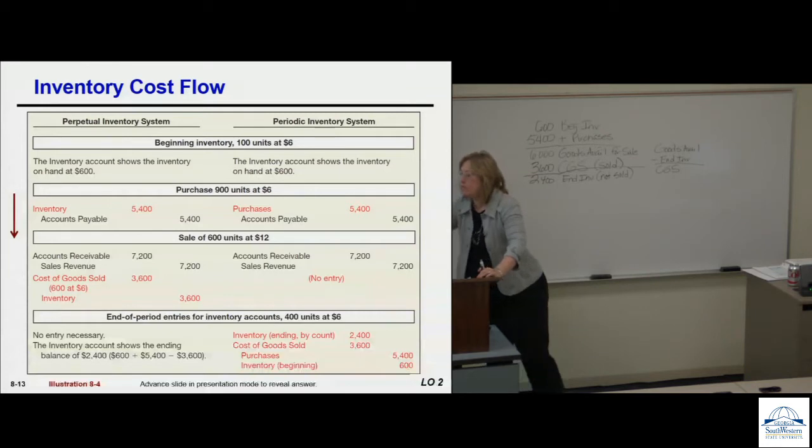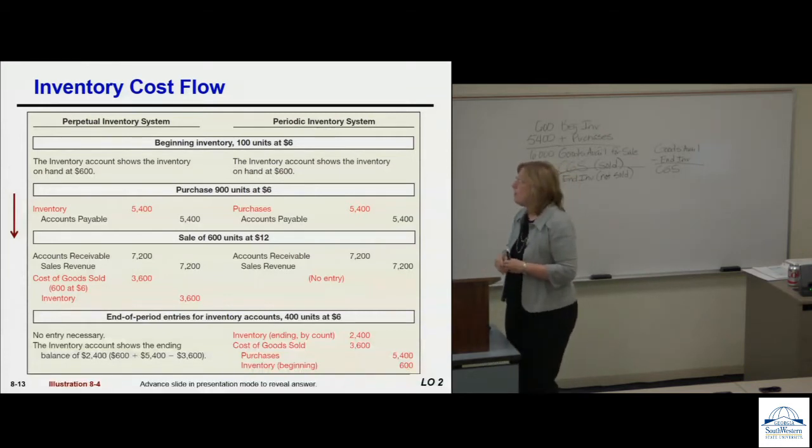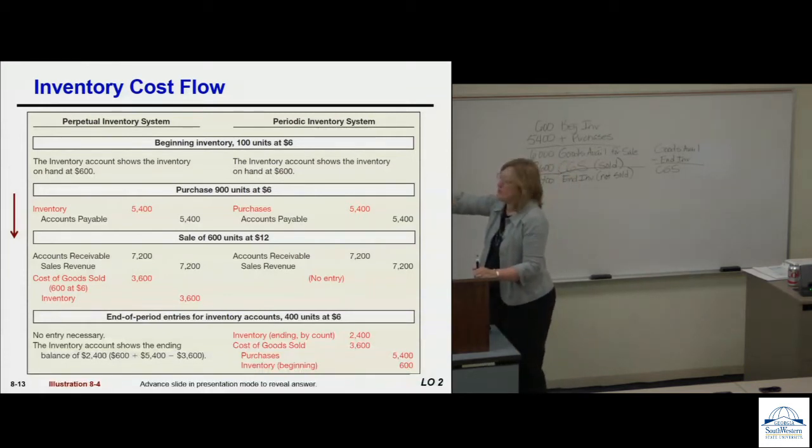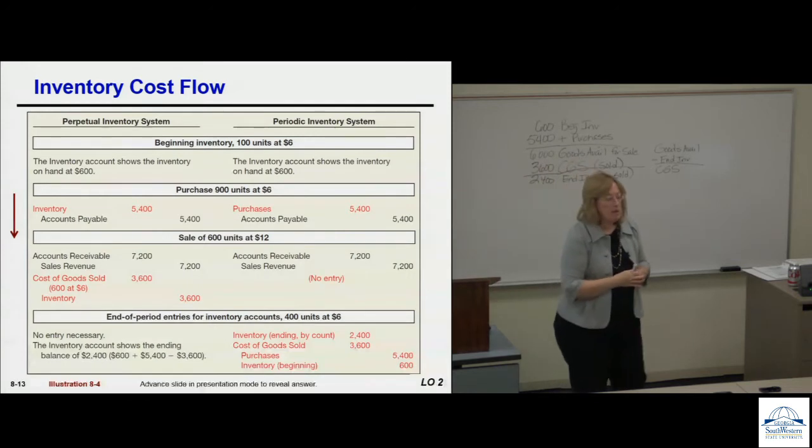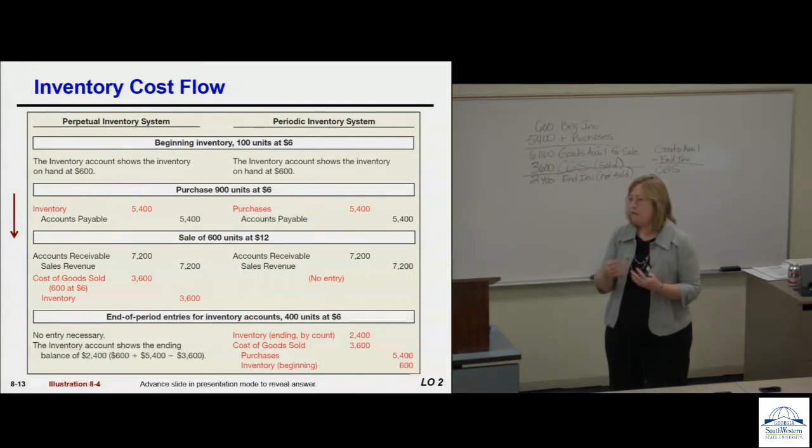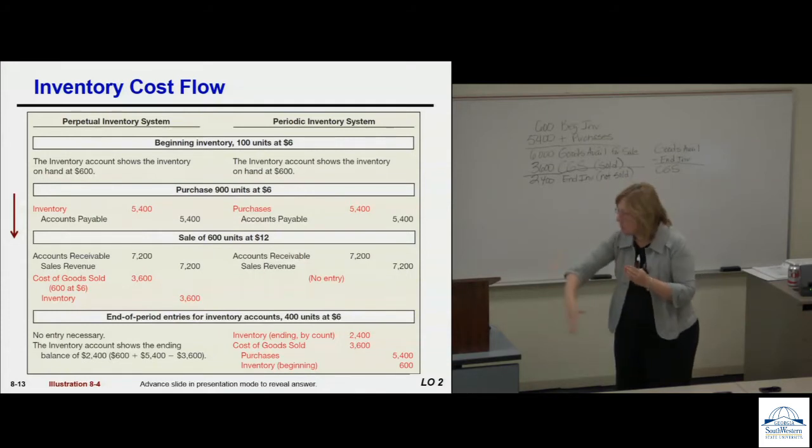So our purchases credit is going to be whatever the total is in purchases. It's kind of like an income statement account that's wiped out at the end of every period.